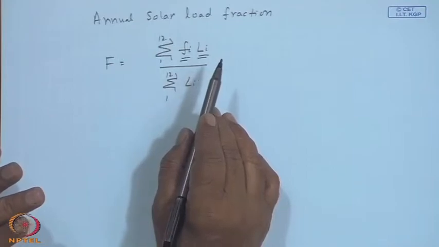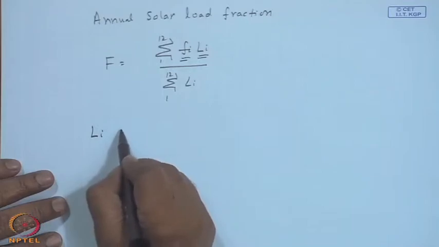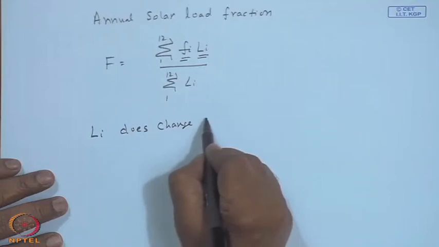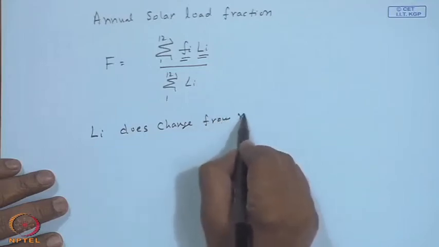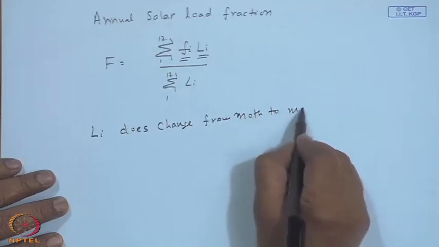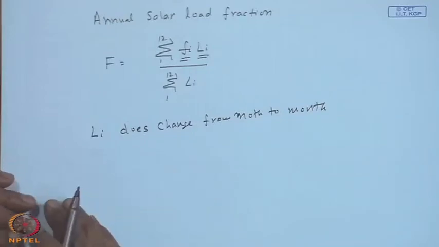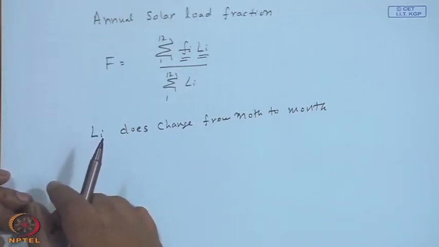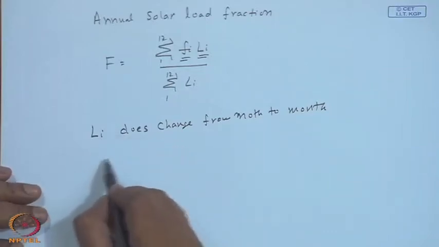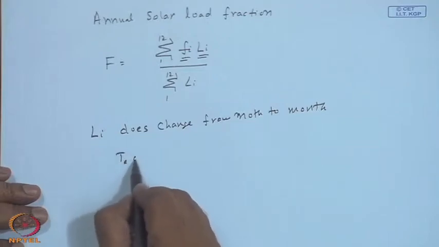Please remember that L i does change from month to month, at least. If it is day to day, it will be even more difficult; I would have to define it for each day. But what we can say is that month to month, for example, if it is a simple water heating system, T a changes.